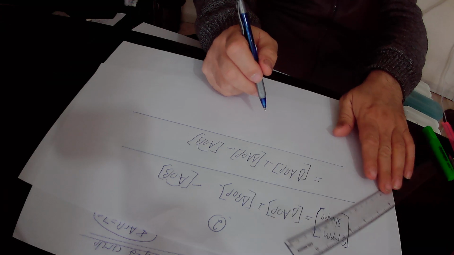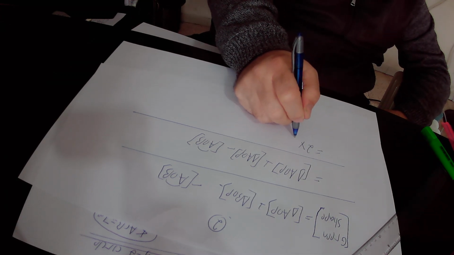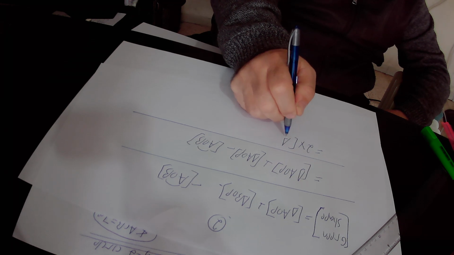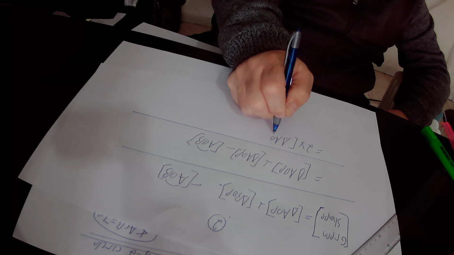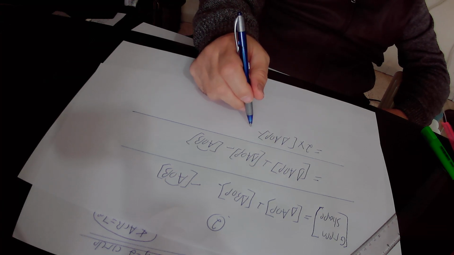The area of triangle AOP plus the area of triangle AOP is 2 times the area of triangle AOP, minus the area of sector AOB.